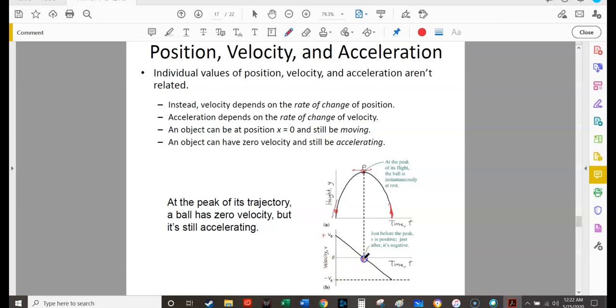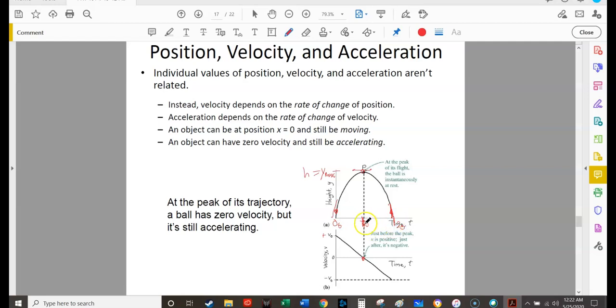And at the very halfway point in the total time of flight, the velocity will always be 0. And it will also be at its highest point, so it'll be at its maximum height. And that is determined by the initial velocity you give it upwards. And that occurs at the half time of flight. So if this is 0 seconds, this will be 1 second, and this will be 2 seconds.